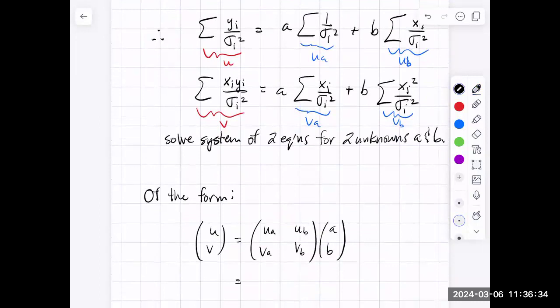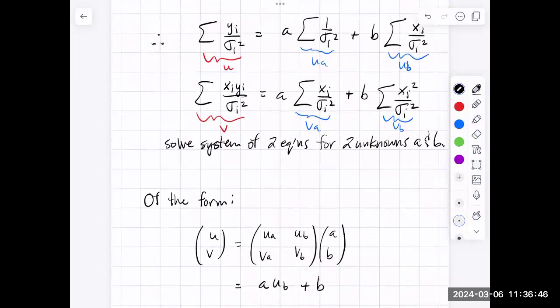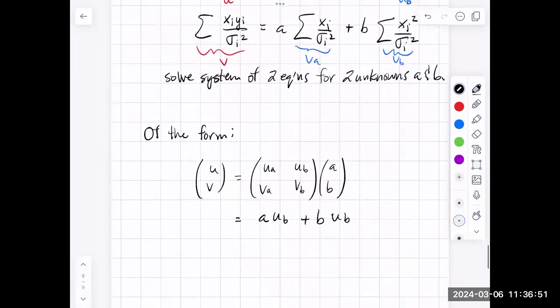So matrix multiplication, we have to take UA times A. So it's going to be A, UA, and then plus UB times B. So plus B, UB, and so that's going to be U. And then over here, we have VA times A. So it's A, VA, plus VB times B. So this is B, VB.